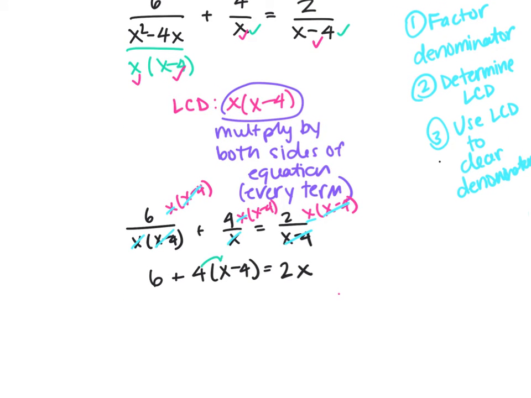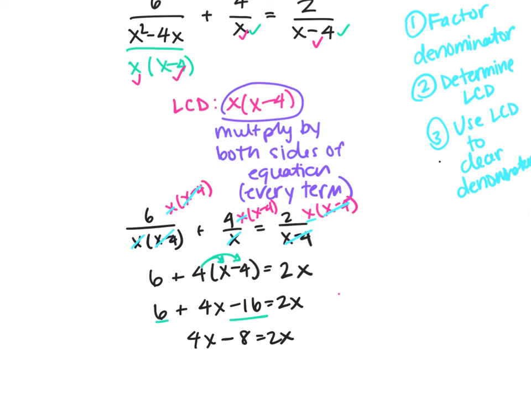So for example, we would have to distribute to get everything spread out. So we have 6 plus 4x minus 16 equals 2x. Combine some like terms. So we have 4x, and if we add 16 to that, it'd be minus 8 equals 2x.